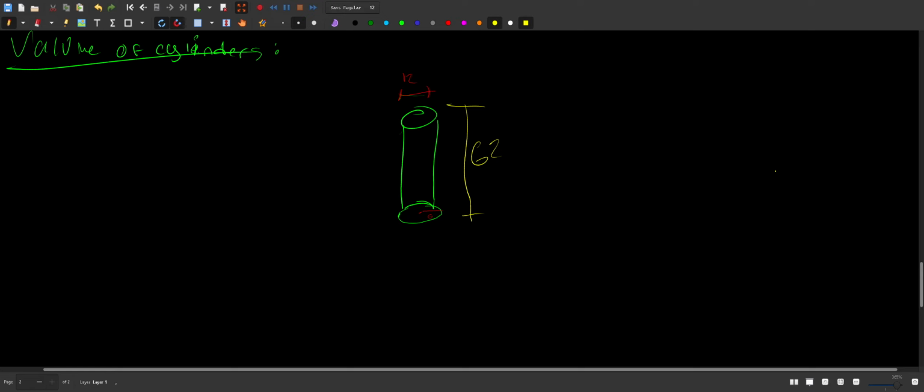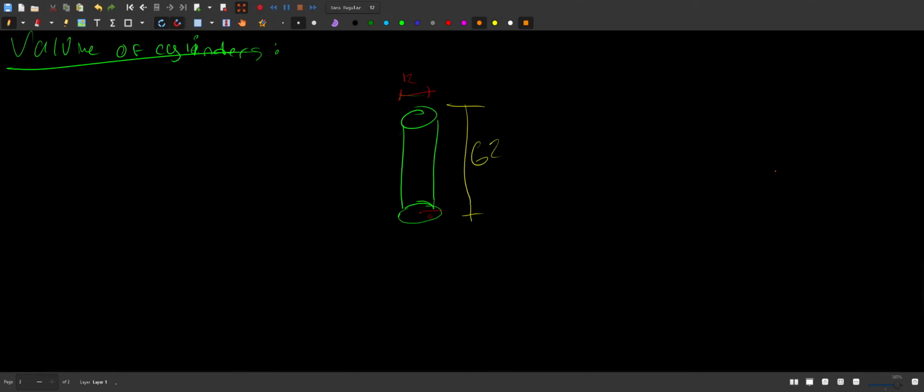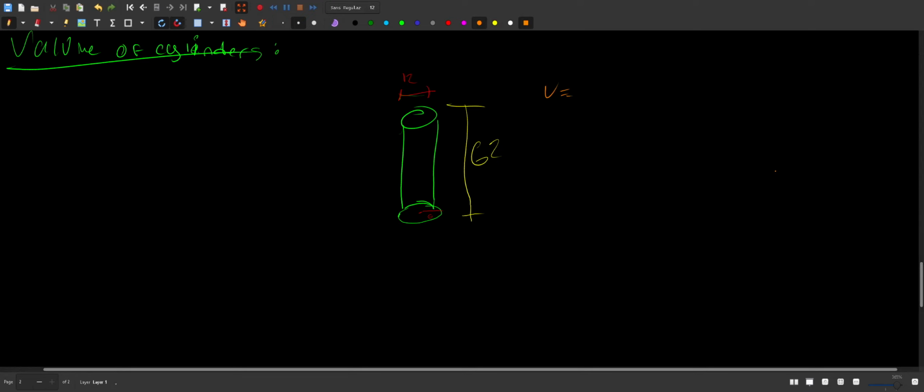So the first thing you're going to want to do is check your formula. The formula for a cylinder is volume equals pi times the radius squared times height.